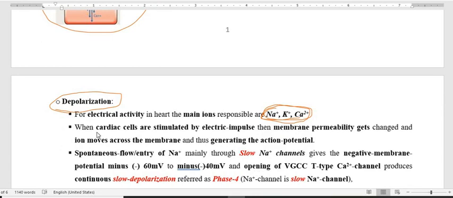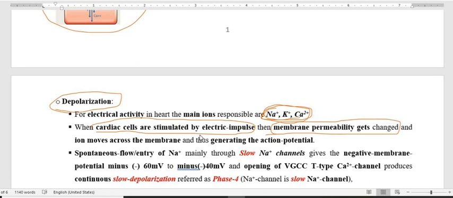When the cardiac cell gets stimulated by electric impulses, that is, in the SA node, the membrane permeability gets changed, like in the SA node, AV node, Purkinje fiber, bundle of His, and accordingly the movement of ions gets changed.